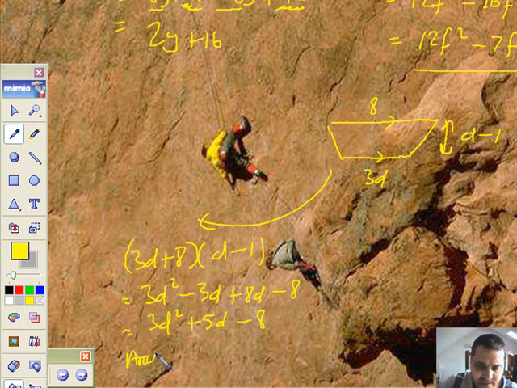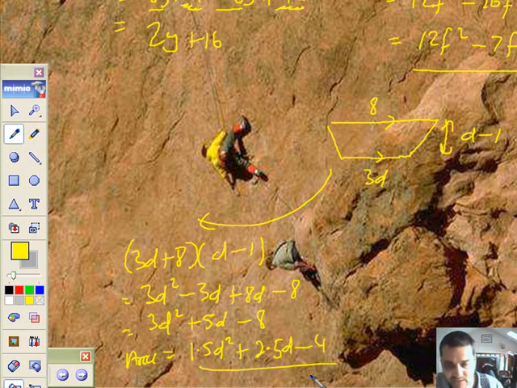Therefore the area is going to be half of this, which is 1.5d squared plus 2.5d, and half of 8 is 4, minus 4. Done. That's that one.